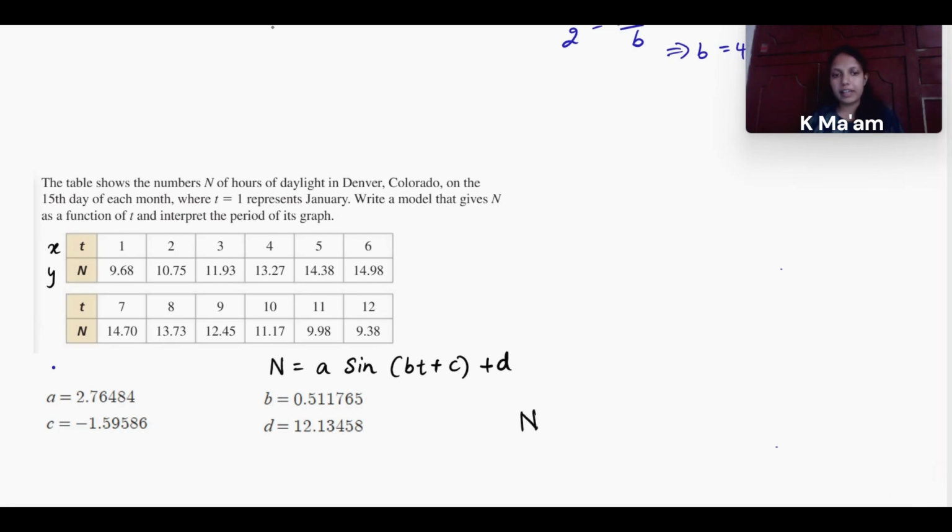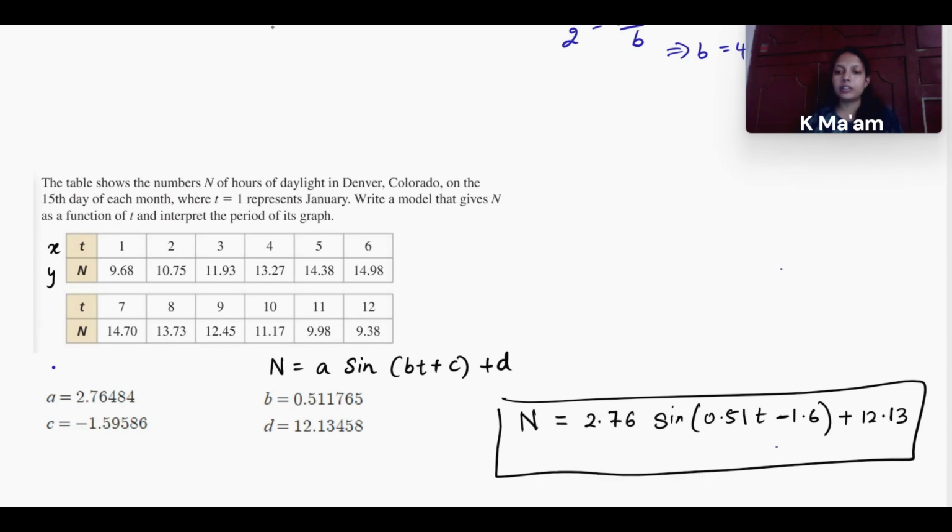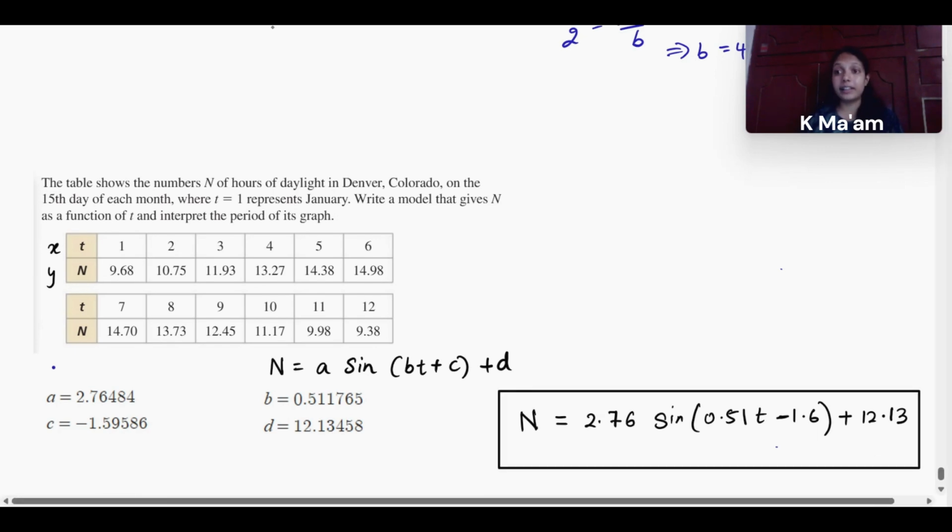Your function n is equal to 2.76, rounded to 2 decimal places, sine (0.51 t minus 1.6) plus 12.13. This is the function we got using the regression.